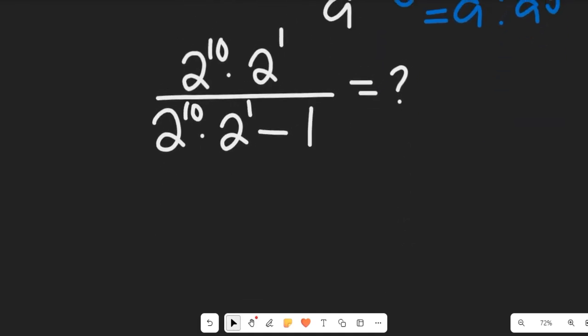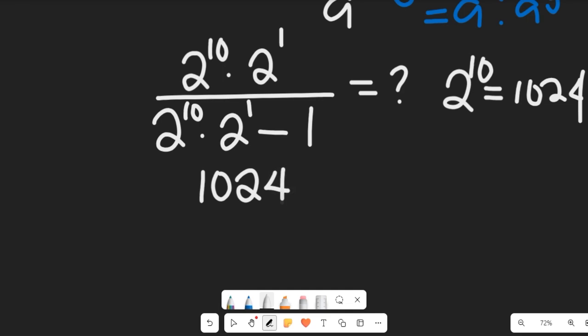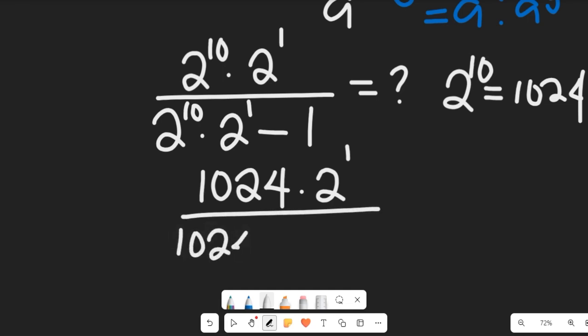Let's look at that. Now from maths, we can find out that 2 to the power of 10 has a constant value, which is 1024. That is easier to bring out. Then we'll have 1024 multiplying 2, and this will be divided by 1024 multiplying 2 minus 1, and this will give me what?